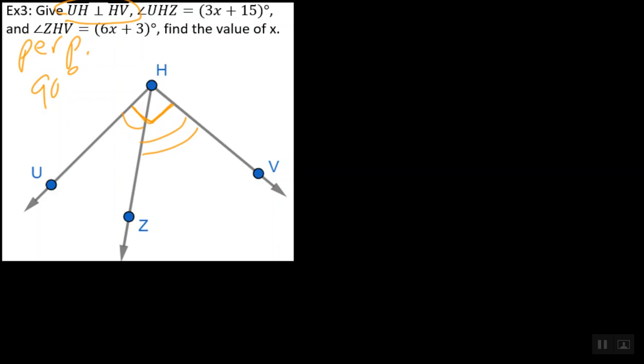Now from here, let's go ahead and label our angles. We know we have UHZ, that's this one right here, which will be 3x plus 15. Oh, that looks familiar. And right here we have ZHV, which will be 6x plus 3. Now, same thing as last time, I, of course, would like for you to label your parts in your whole.